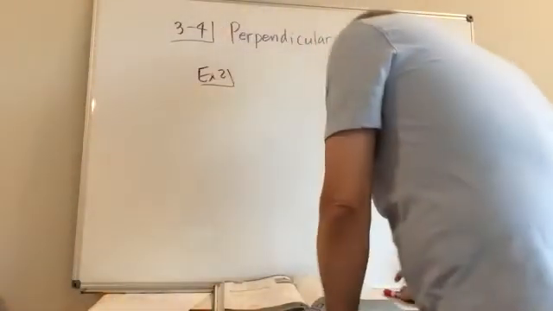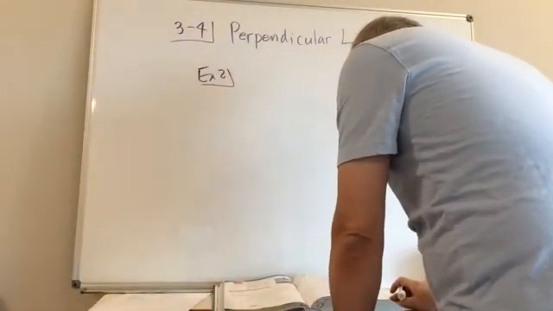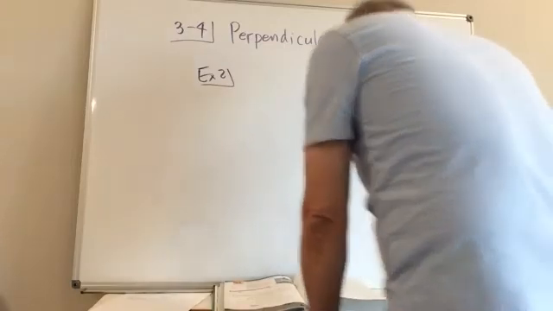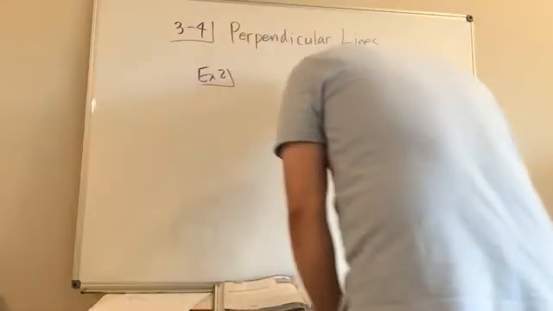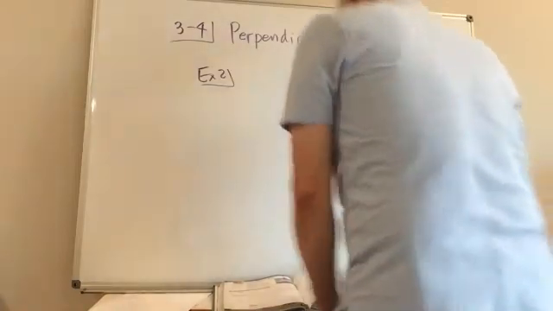Example number 2, write a 2-column proof. Given that AD and BC are parallel.